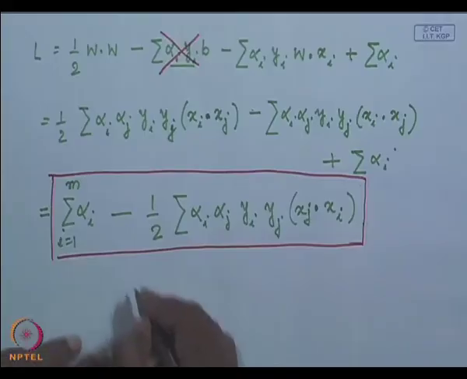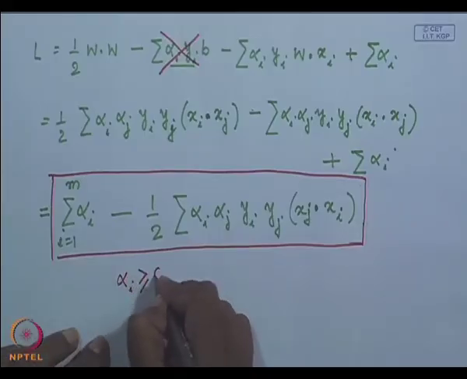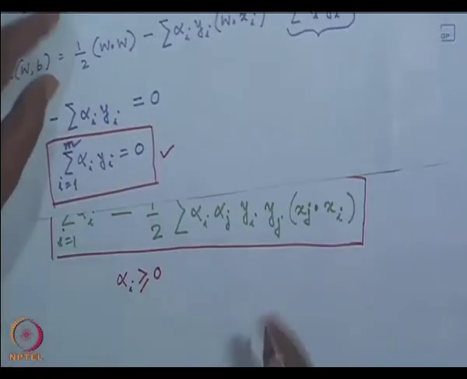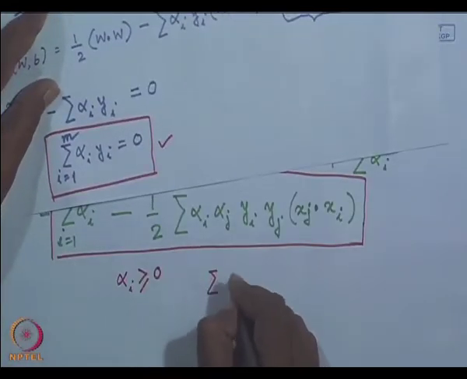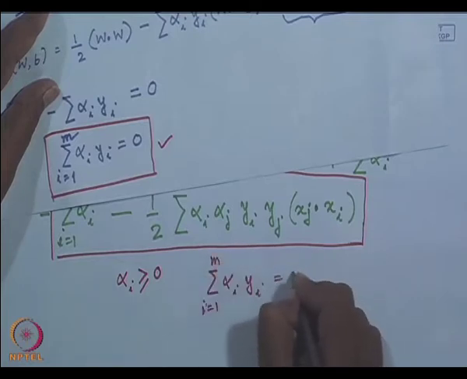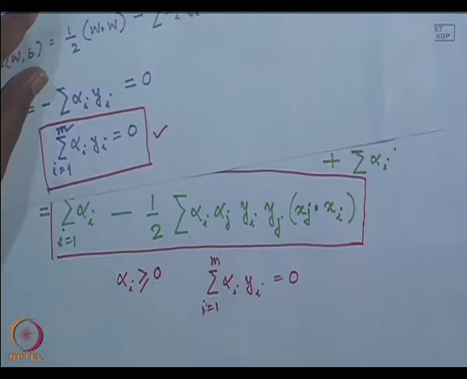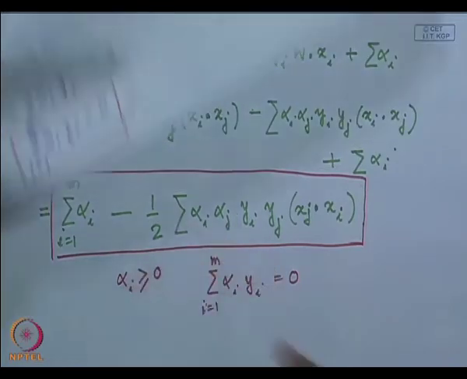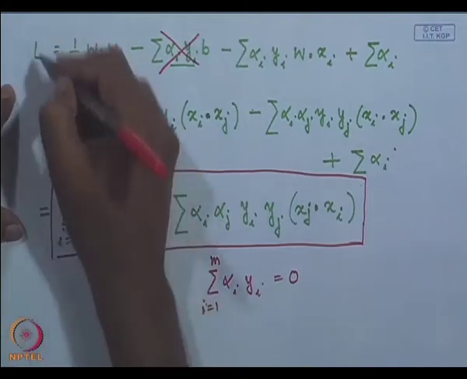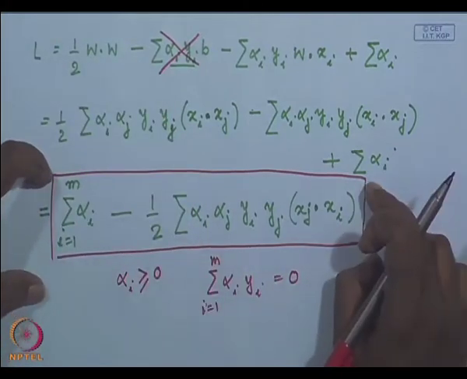So, I have one constraint that alpha_i always has to be greater than or equal to 0, and the other constraint that we have, from here, is that sum of alpha_i y_i, i varying from 1 to m, has to be equal to 0.